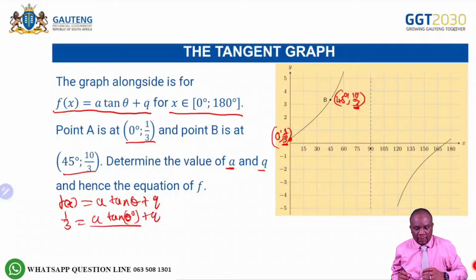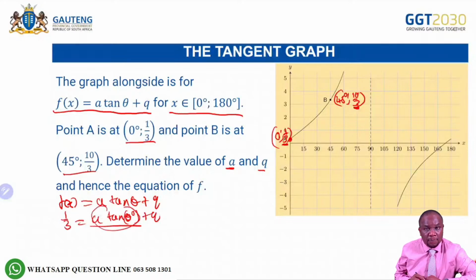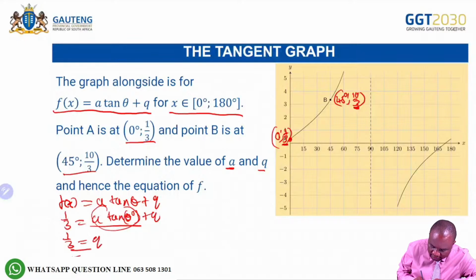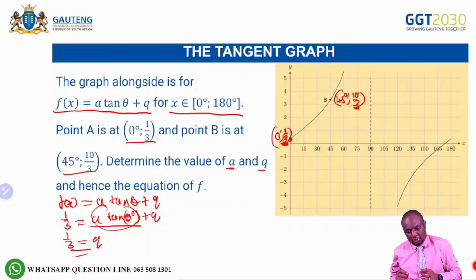Tan 0 is 0. So this whole thing becomes 0, meaning that 1 over 3 is equal to q. Do you see this? The coordinates of A there, 0 and 1 over 3. And our q value is 1 over 3. Meaning that our graph shifted upwards by 1 over 3.